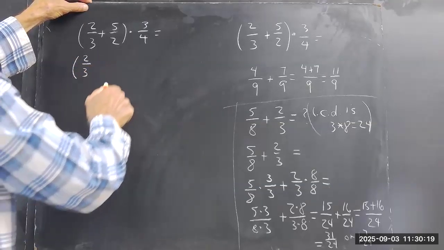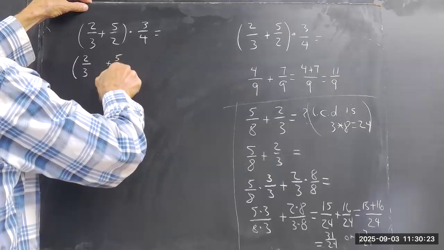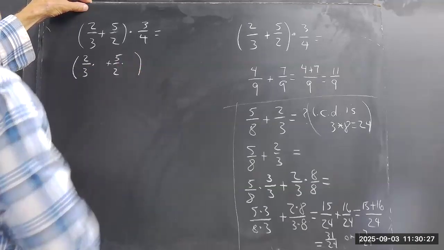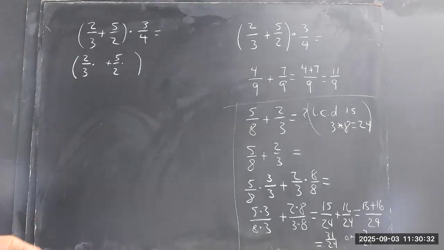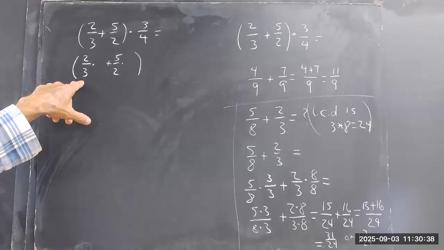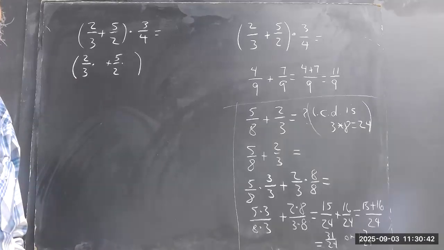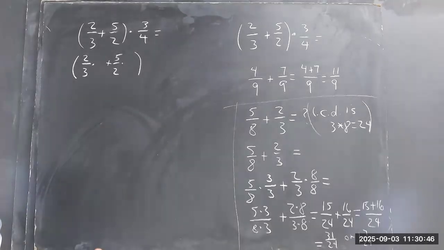Well, I'll just make myself a note. For the 2/3 and the 5/2, I've got to multiply each of these by something so I'll have the same denominator. Now I could multiply this by 10 and this by 15 and get a common denominator of 30. Okay, but I don't want to do that. I want to use a smaller number if I can.